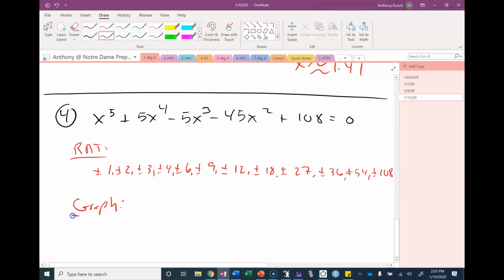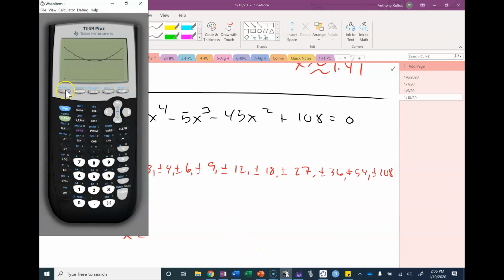Okay. Next up, I'm going to go to the graph here. So I have x to the 5th plus 5x to the 4th minus 5x to the 3rd minus 45x squared plus 108.